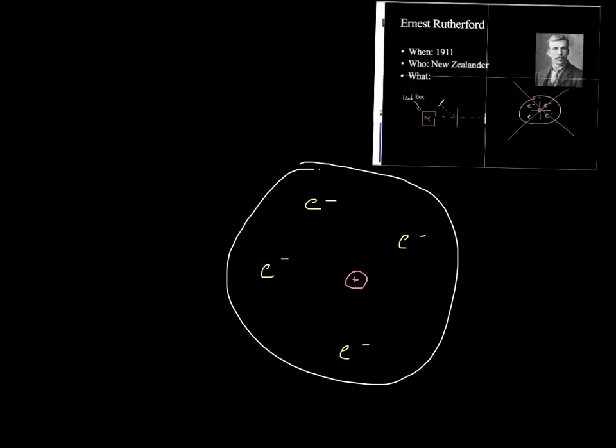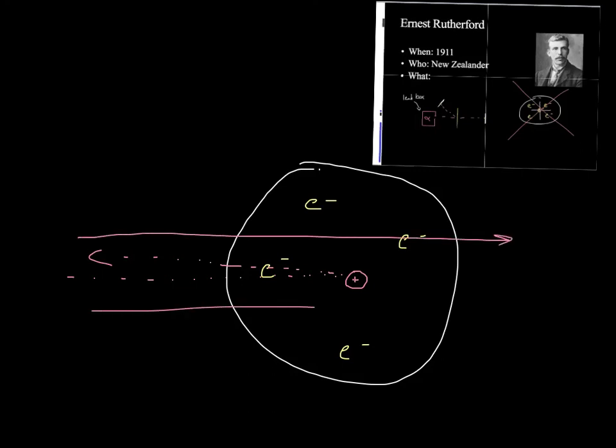So instead of that positive occupying the entire atom, it was densely packed into the center. And so when those alpha particles were fired, pew, pew, pew, at the nucleus, the ones that ricocheted were the ones that were hitting that nucleus. The ones that went straight through, so the 7,999, were the ones that were fired through the electron cloud.